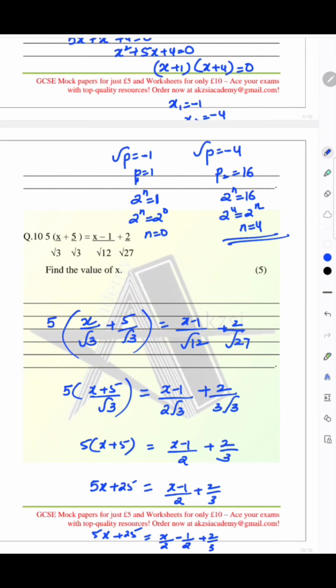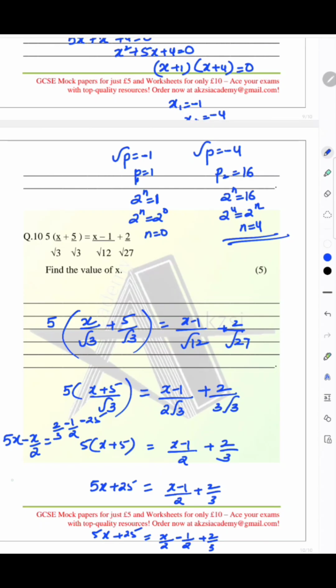Now bringing all the numbers and x's on one side. All x's on one side will be 5x, and I need to move x by 2 onto the left-hand side, so the sign will change. Similarly, bring 25 onto the right-hand side. So this will give me 2 over 3 minus half minus 25.